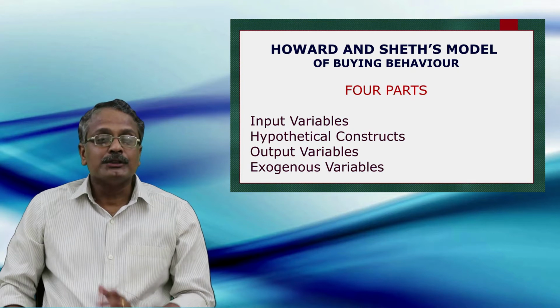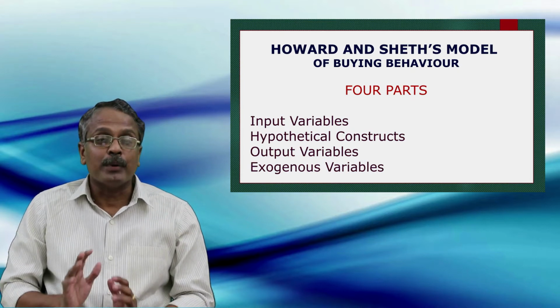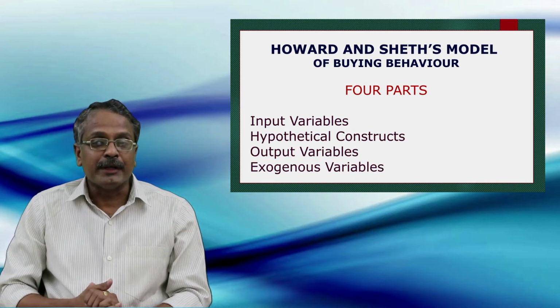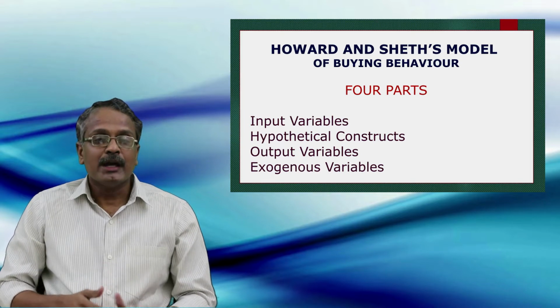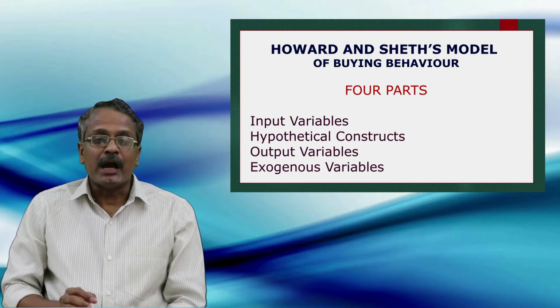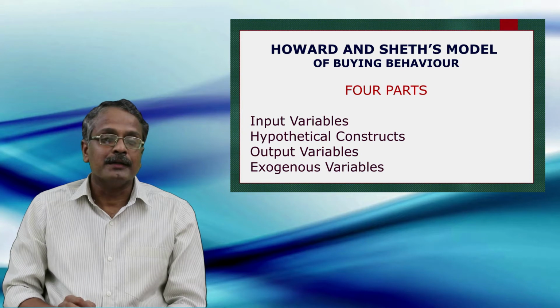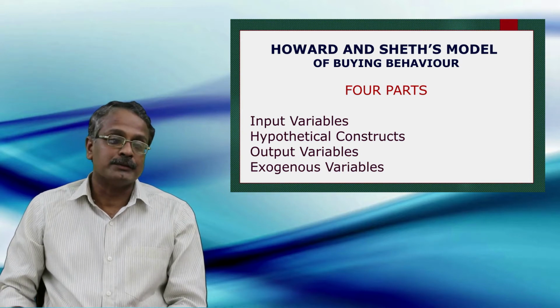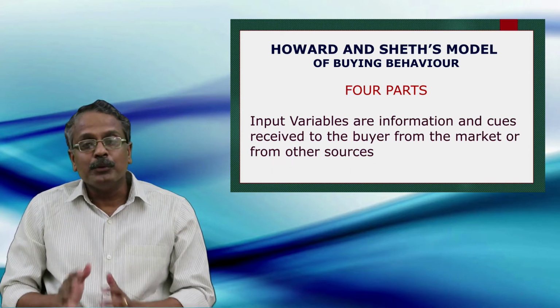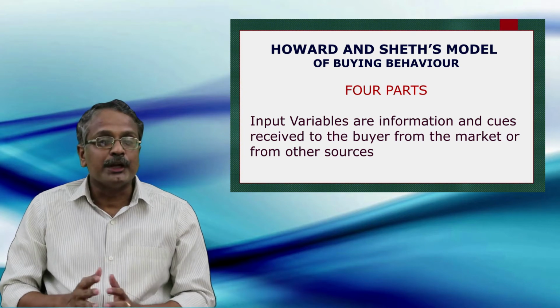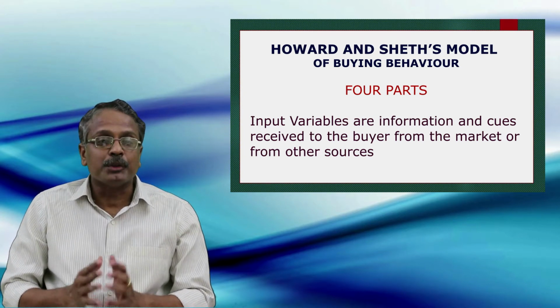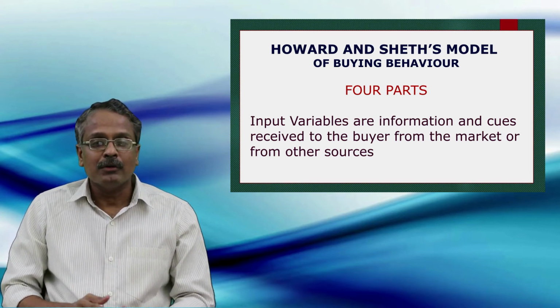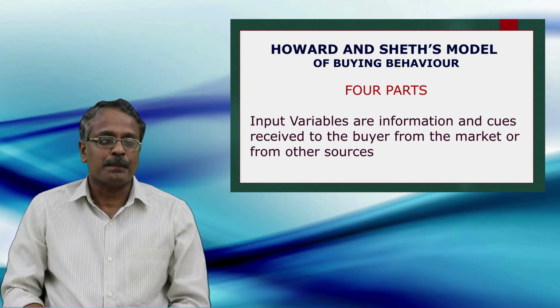The Howard Sheth model has four parts. They are termed as input variables, hypothetical constructs, output variables, and exogenous variables. The input variables are information and cues received by the buyer from the market or from other sources.